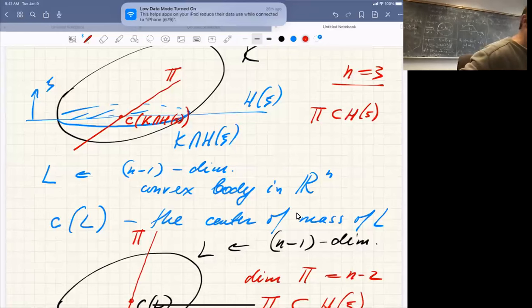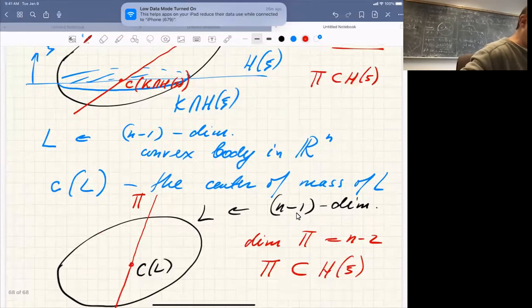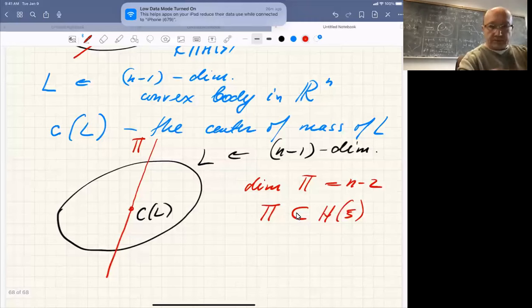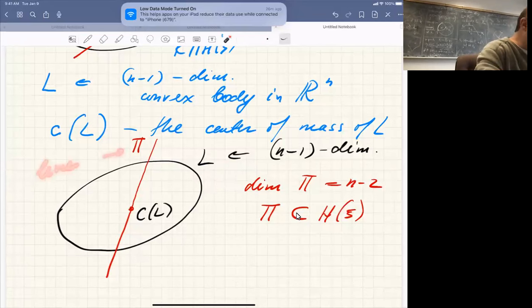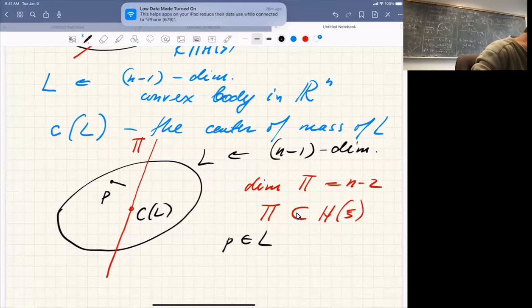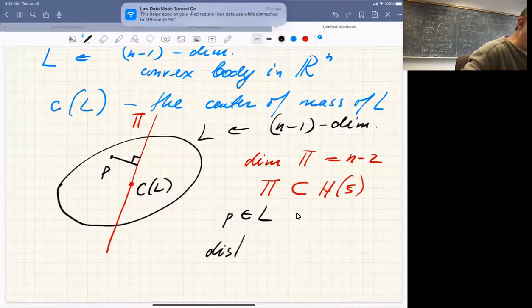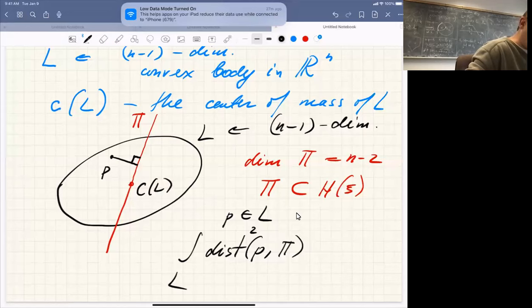But again, if you forget for a moment about the 3-dimensional picture and just think that L is the 2-dimensional body on the plane, and pi is just the line passing through the center of mass, then the moment of inertia is a very easy thing. So you take any point P belonging to the body, and you drop a perpendicular to pi, and you just measure the distance between an arbitrary point and your line. Pardon me, this is the line. You square the distance and you average over the body.